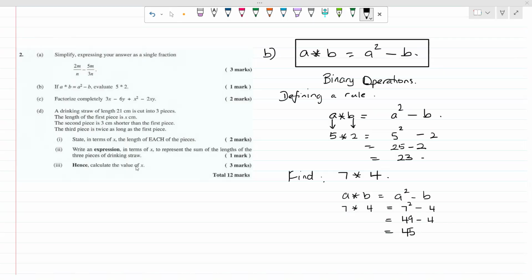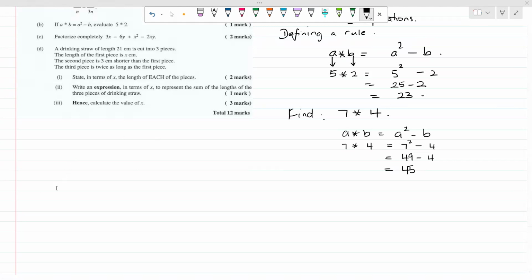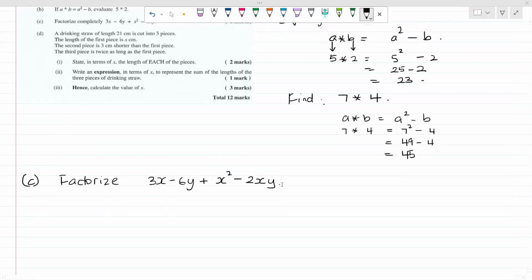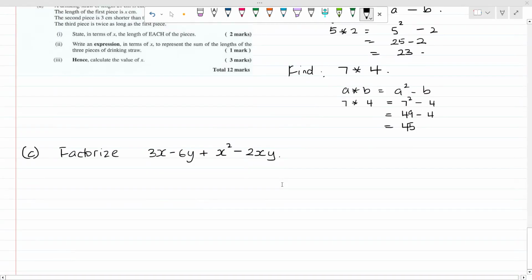Next one. We're looking at part C. Part C, we have to factorize 3x minus 6y plus x squared minus 2xy. Right? Now, look at this. When we factorize, you have different types of factorization.